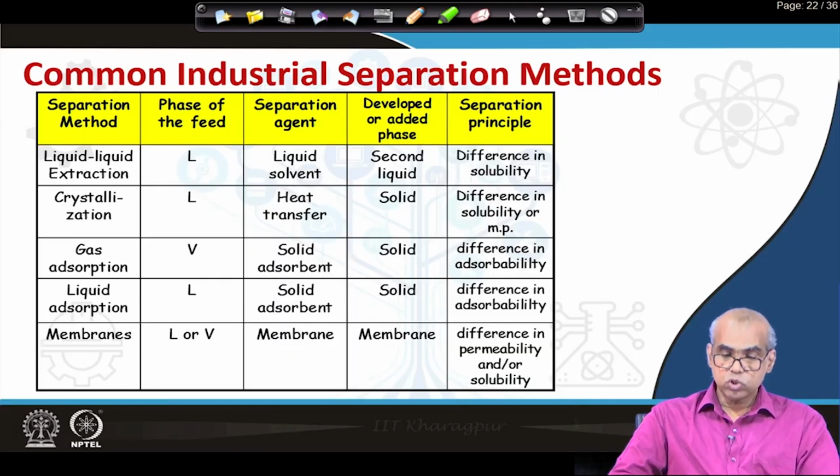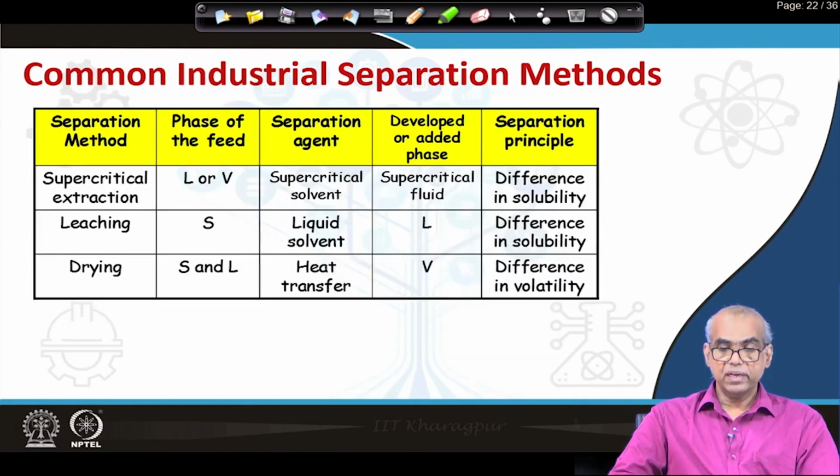Liquid adsorption also makes use of difference in adsorbability. Membranes make use of difference in permeability and or solubility. Supercritical extraction makes use of difference in solubility, leaching also makes use of difference in solubility, and drying makes use of difference in volatility. So, these are common industrial separation methods.